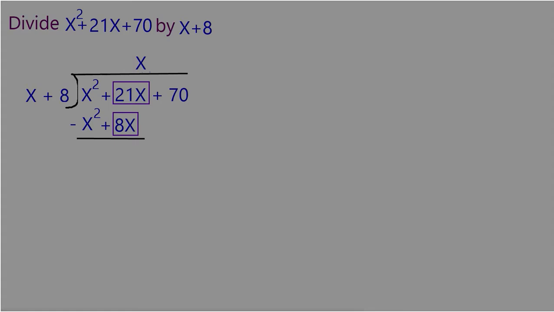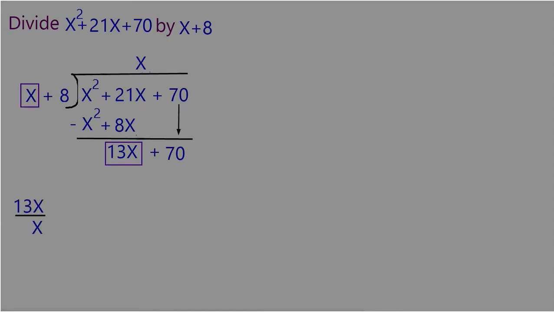We get 13x when we minus. We now bring down this plus sign along with 70. 13x divides into x leaves 13, because the x's cancel each other. We place a plus sign, along with 13 over its like term.